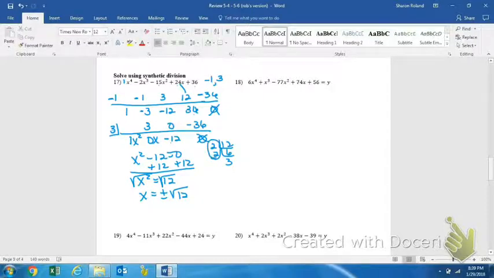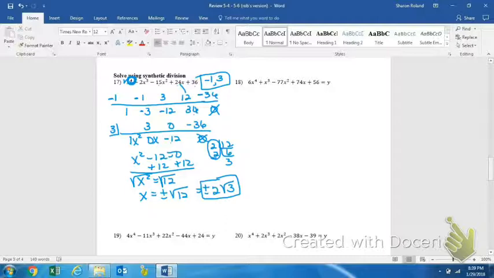Since there are 2 2's, that's going to be written on the outside of the radical. That 3 is still left on the inside. And so your answer is plus or minus 2 root 3. That's two different zeros. You have +2 root 3 and -2 root 3. You have -1 and +3. We found 4 solutions, and we were looking for 4.